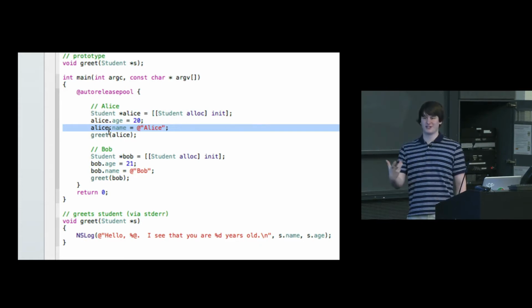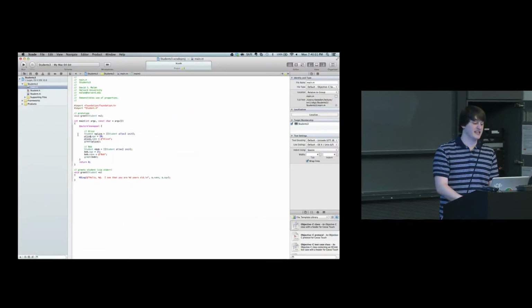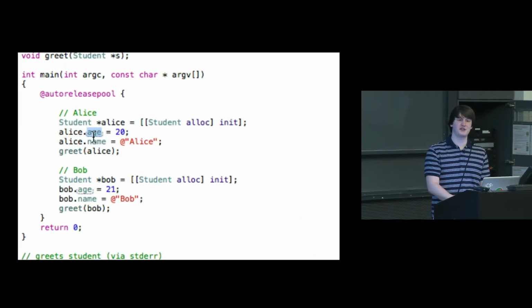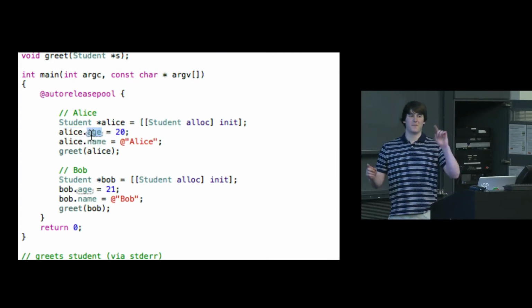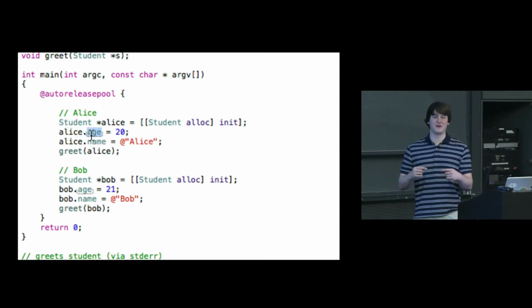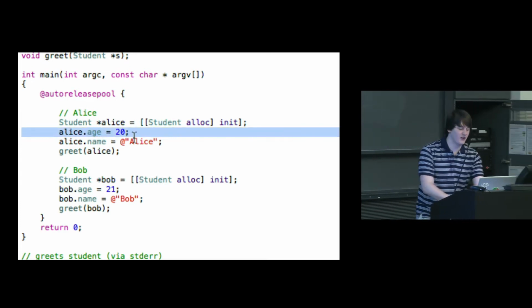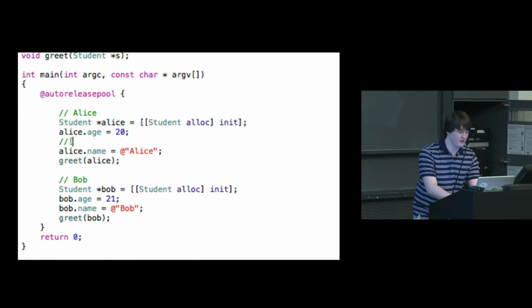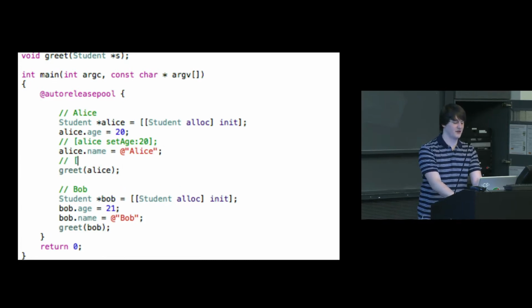What a property does for us is that since we said there is a property called age, then alice.age is, by conventions that you should absolutely follow, underneath the hood going to be translated to Alice set age 20. And this is going to be Alice set name @Alice.